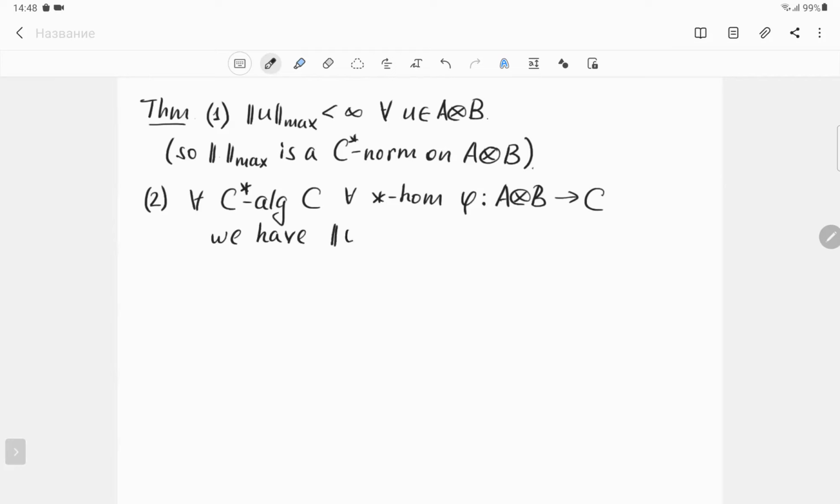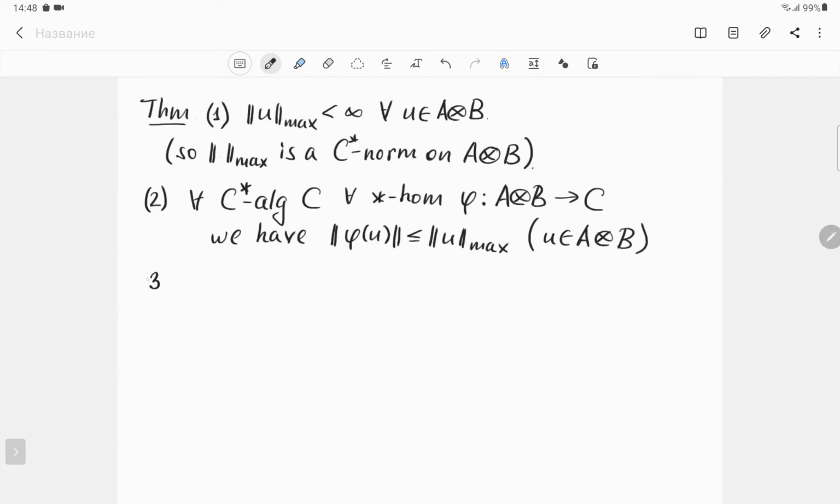The norm of phi of u is less than or equal to the maximal C-star norm of u. So in other words, each star homomorphism from the algebraic tensor product to any C-star algebra is bounded and moreover contractive with respect to the maximal C-star norm.